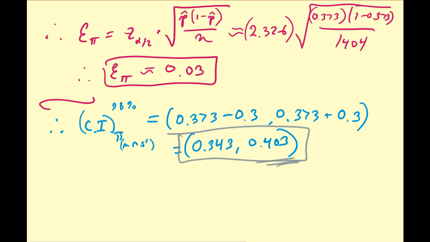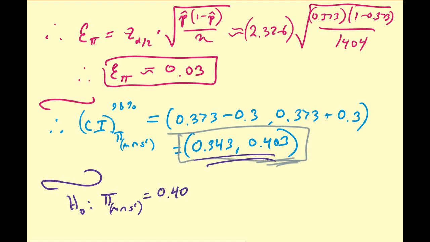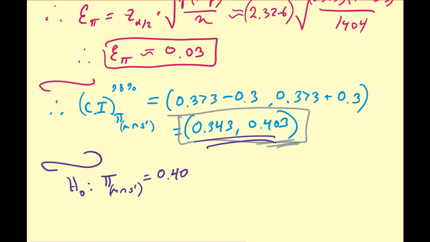All right, so let's go back to pretty much what we were talking about. The null hypothesis was that the population proportion of people who are male and do not smoke is equal to 40%. So 40% is in this confidence interval, right? Since the null hypothesis proportion lies within our confidence interval, that means our sample pretty much agrees with what they say.